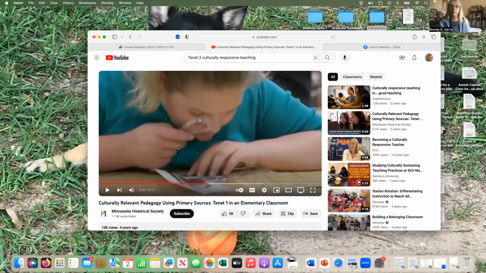And specifically for us right here, we do see student-directed activity, that principle 8, because the students have a lot of choice at this particular point in their unit, where they're making choices about what evidence they're going to use and explore to try to answer their questions. They're moving around from center to center.